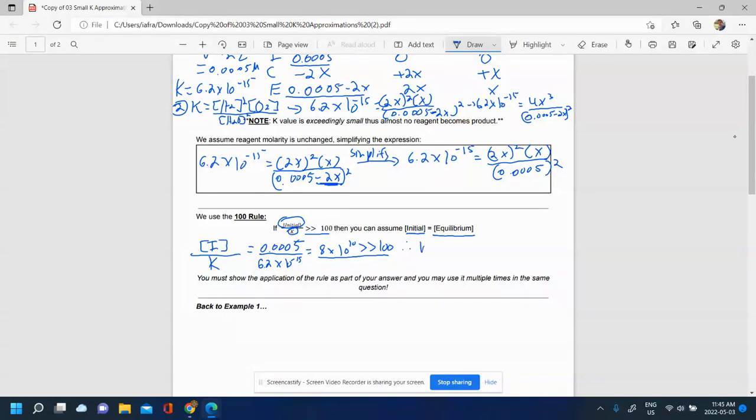Since this is much greater than 100, we can simplify by making a small K assumption.